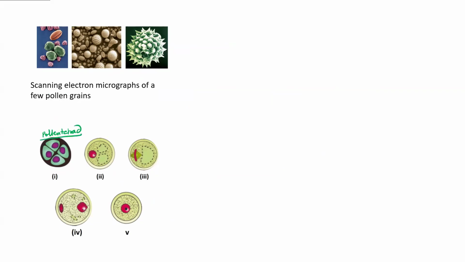When one microspore mother cell undergoes meiosis, it makes one pollen tetrad. One pollen tetrad means 4 pollen grains are present, and each pollen grain will then separate. So I'm taking this as one pollen grain, or you can say this is a microspore. Then after this, what happened? A vacuole will appear. So this is the next.